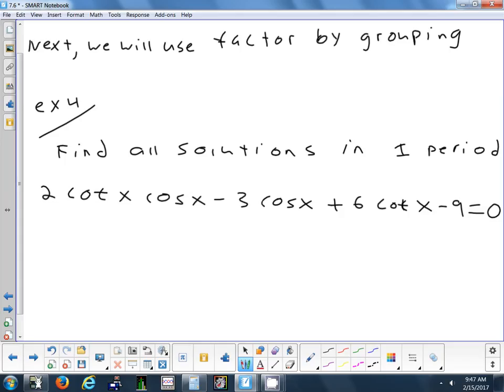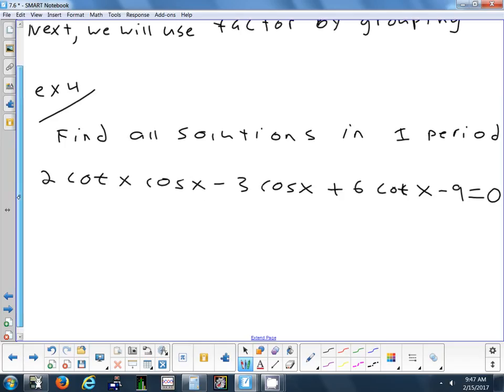Okay. What do the first two terms have in common? Yep, cosine x. If you factor that out of the first term, what's left?